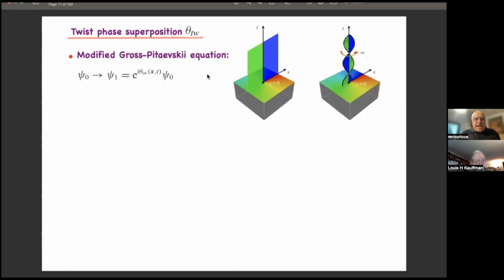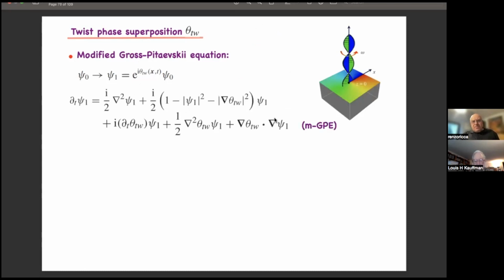We ended up with a new modified Gross-Pitaevskii equation, which is given here. And this equation is again a nonlinear Schrödinger equation type, so nothing new, but there is another term here in terms of i, the complex number, and this additional term makes things very interesting.